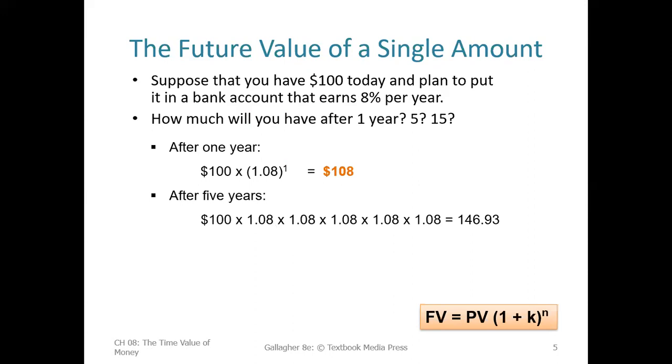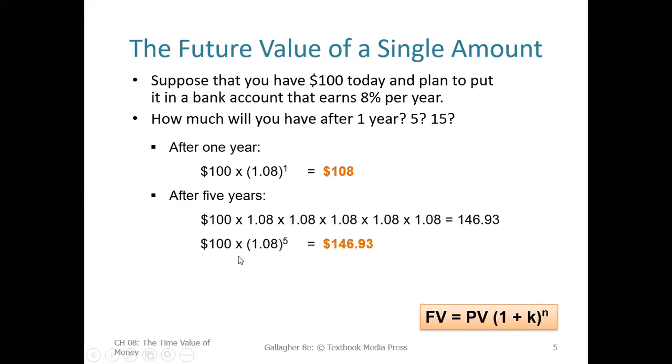So the interest generates interest. So the future value is the present value times 1 plus k, which is the interest rate, raised to the power of n. The n is the time period.